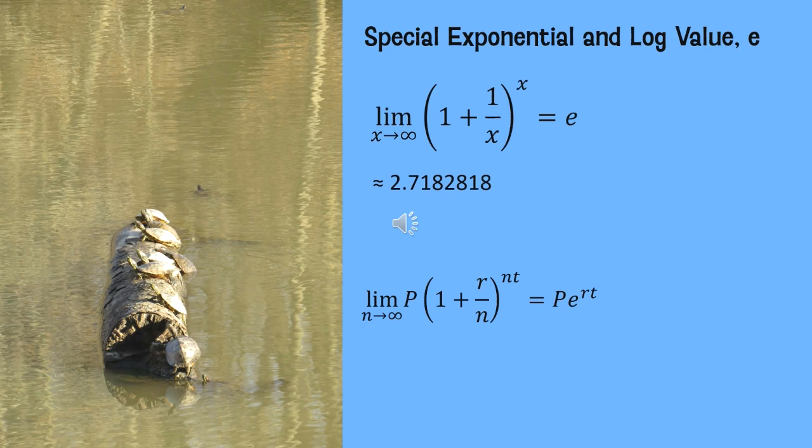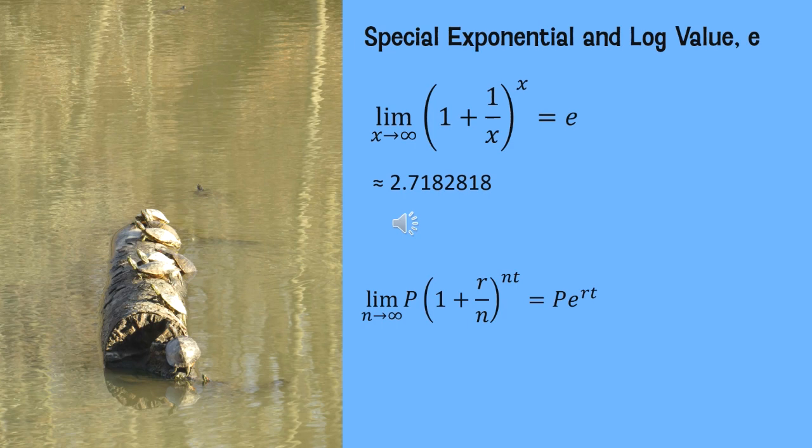But you'll never truly reach infinity, so you're never going to truly finish reaching the final limit of that value. So we express it as this irrational number e. Again, it's approximately 2.718.